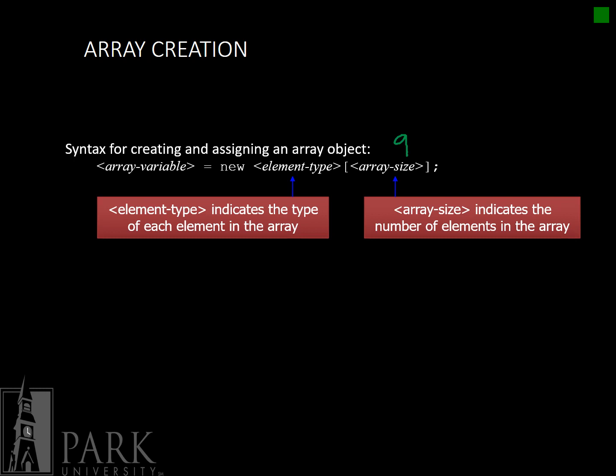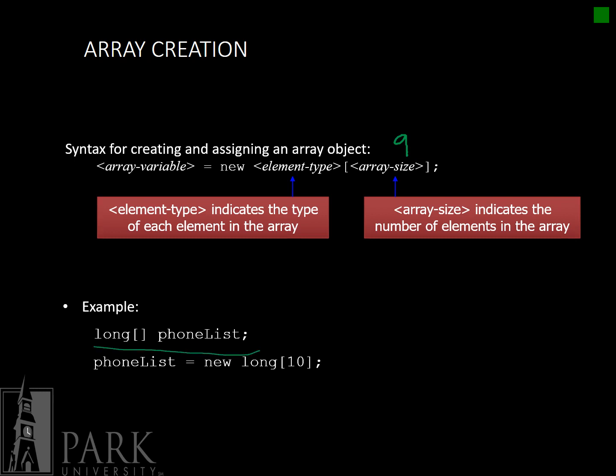And then so that 9 will be simply a variable, or you could hard code it if you know in advance how many it's going to be. Right? So in this case, we are declaring the long phone list, or the phone list of longs, and then we are creating the array and assigning it to phone list.